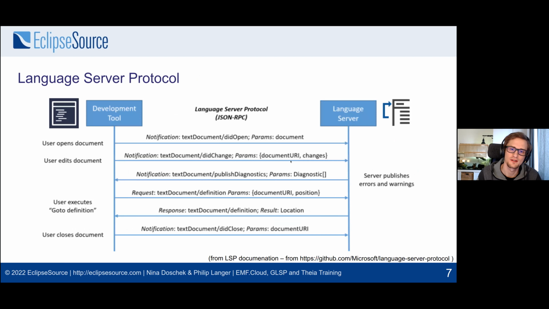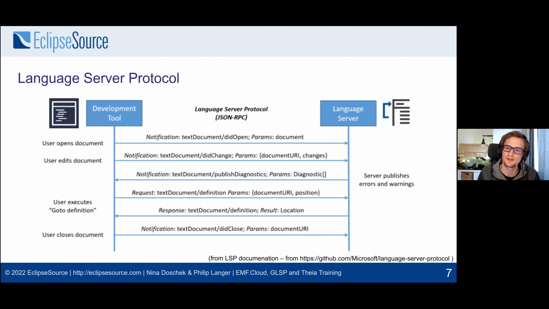One thing that is very important about the protocol is that it's very, very UI oriented. So it does not reveal anything about the actual programming language internals, but really focuses on what is needed in order to provide the language editing support. That means, for instance, the editor and the language server, they don't talk about classes, functions, methods, variables, and so on.